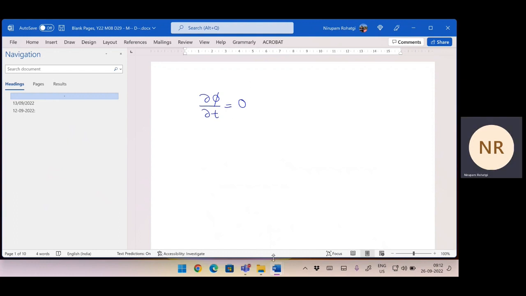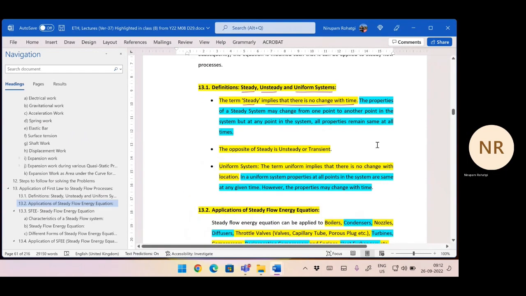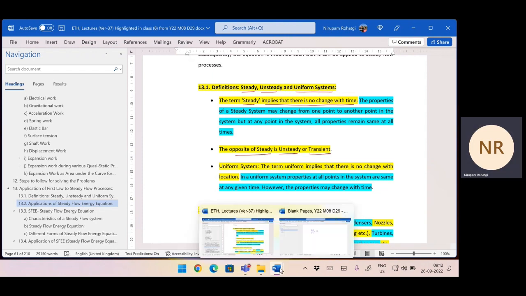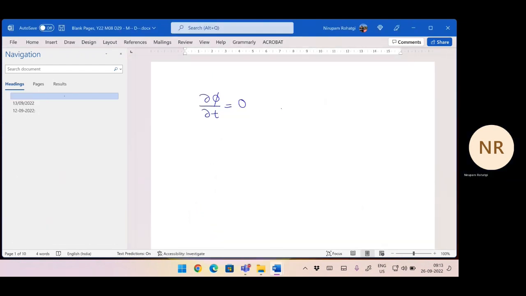Okay. Now, there is another word here. If you talk about what is unsteady, then the opposite of steady is unsteady, or you can say transient, which means that if you write it mathematically, transient would be del phi by del t is not equal to 0.